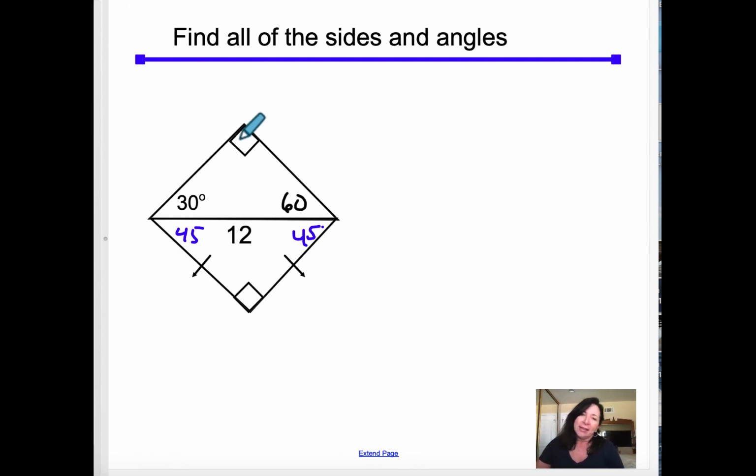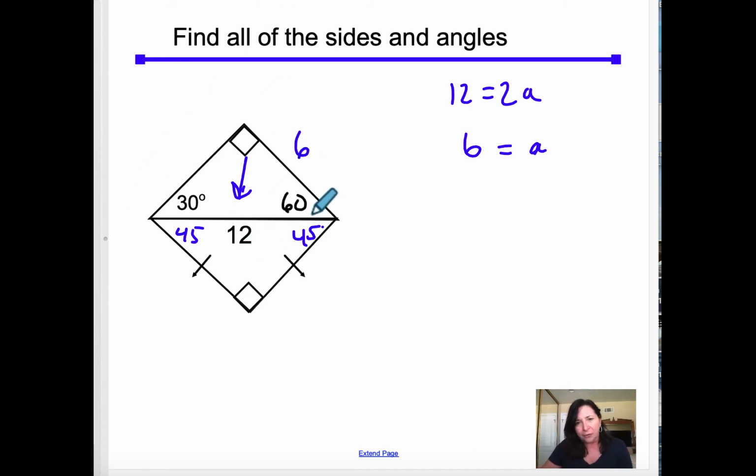But looking at the top part, I know across from the 90 degree is equal to 2a. So 2a equals 12, so a equals 6, which means that across from the 30 degree angle is 6. Then across from the 60 degree angle is a root 3, so that's going to be 6 root 3.